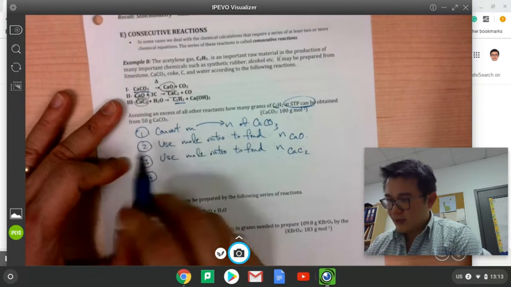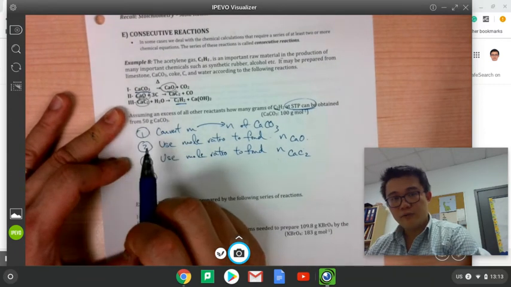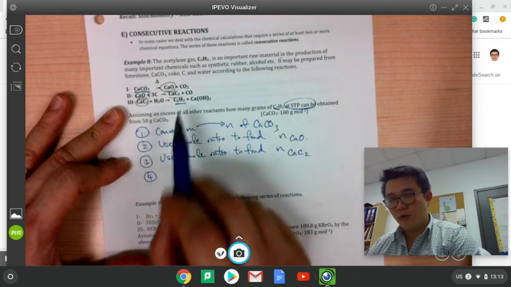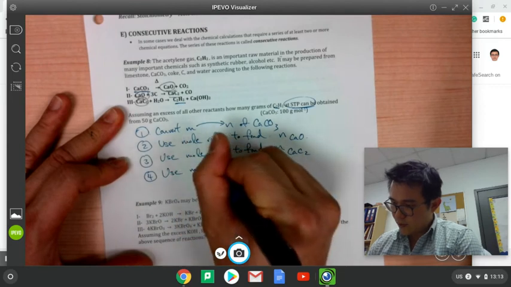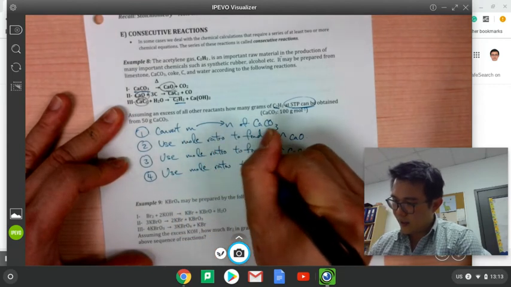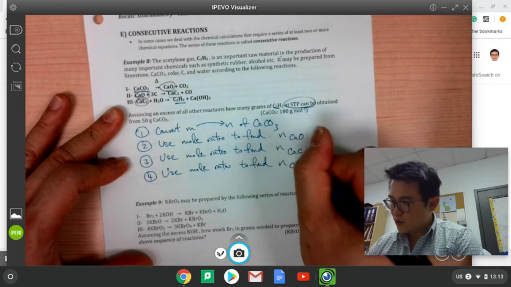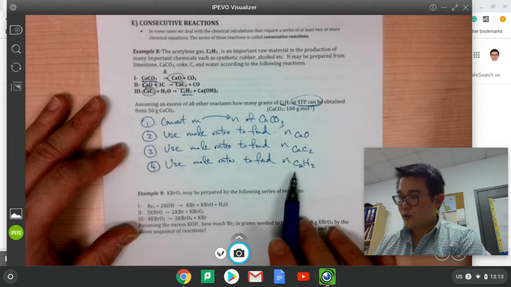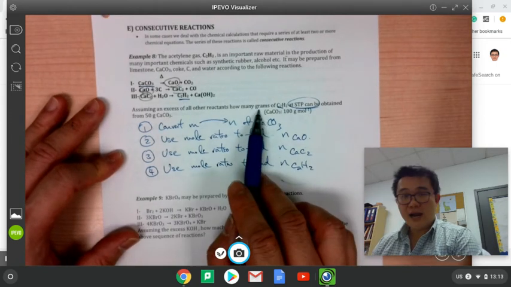Last but not least, you use the third equation, using the mole ratio again to find from CaC2 the number of moles of C2H2. Now, you're going to use the moles of C2H2 to find the mass, because they're asking in grams.